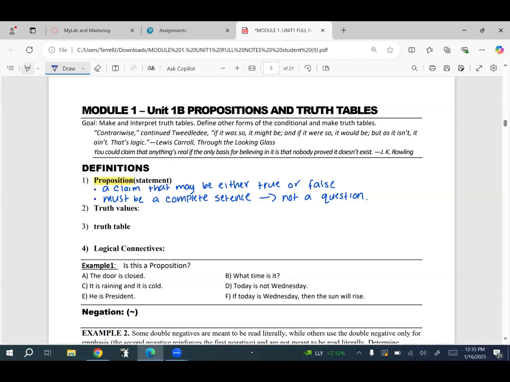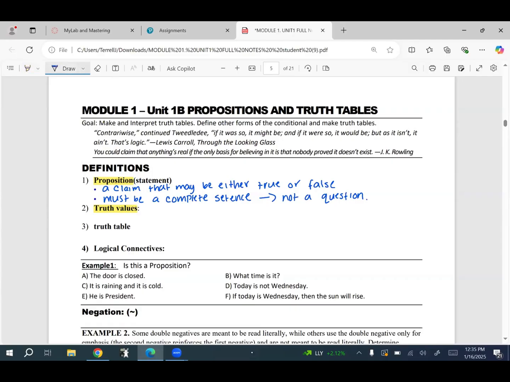And then we have another term, truth values. Truth values are the value I'm going to assign to a proposition. So the only truth values we have are true or false.